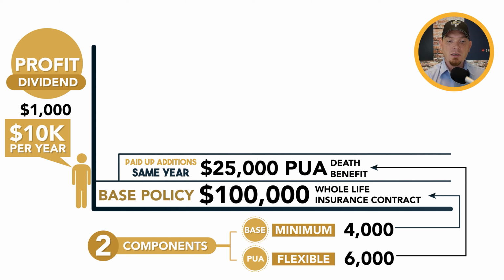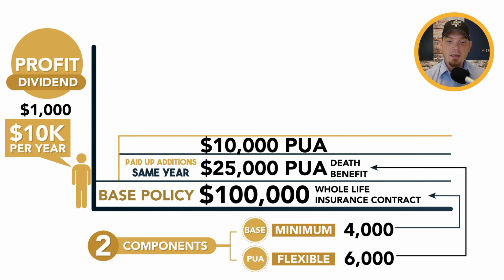Well, it goes in and it also buys one of these paid up addition blocks, and that adds to the contract as well. So let's say that it was $10,000. So now in the very first year, partly because of what we did and a little bit because of what the insurance company did, we have now accumulated death benefit of an extra $35,000. So we have a new death benefit of $135,000, and the cash must grow to equal that new number.